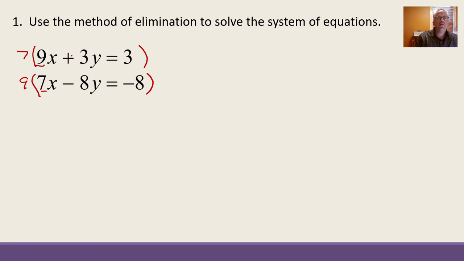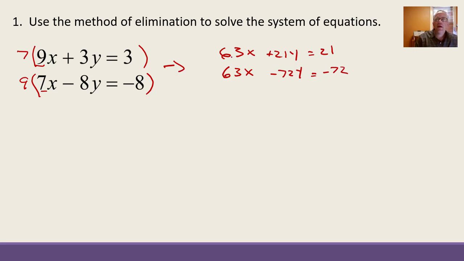Okay, so the first equation by 7, the second equation by 9, and we get a new system of equations. We get 63x plus 21y equals 21. And then when we do this multiplication, we get 63x minus 72y equals negative 72.